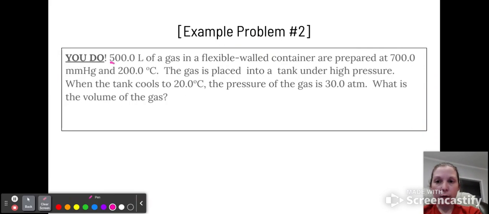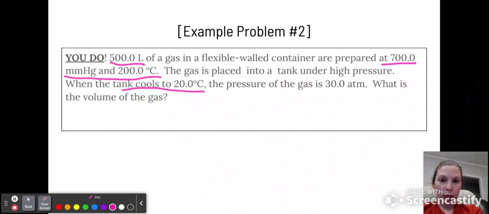So we have 500 liters of gas in a flexible wall container prepared at 700 mmHg and 200 degrees Celsius. The gas is placed in a tank under high pressure. When the tank cools to 20 degrees Celsius, the pressure is now at 30 atmospheres. What is the volume of the gas?